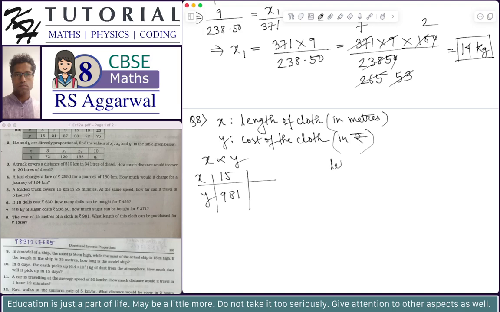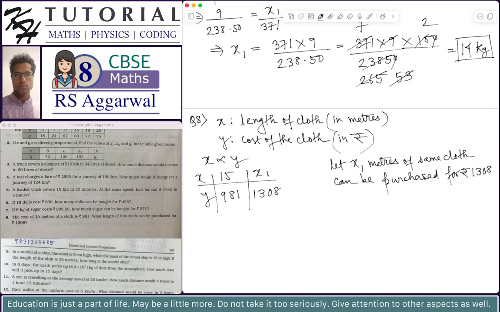So let x1 meters of the same cloth be purchased for rupees 1308. Now we can enter this data in the table. We have x1 and 1308.